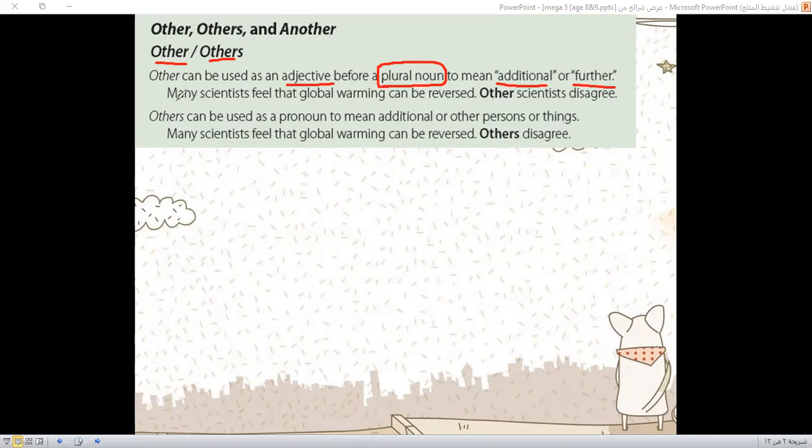For example, I need someone to read the example, please. Who can read the example? Just read it.